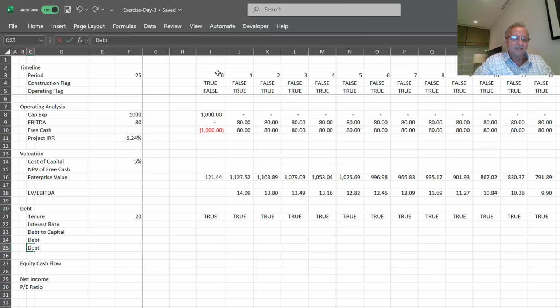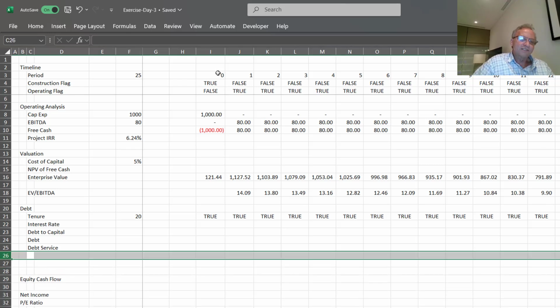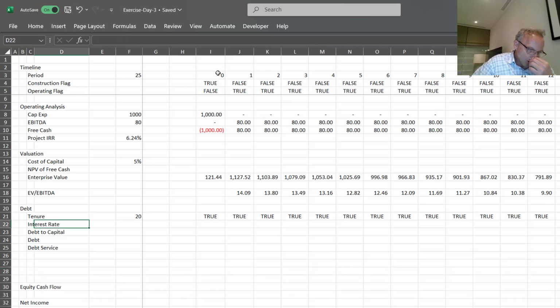And we'll just use the PMT function, and hopefully we'll then show you what happens to the PE ratio. Now, I've got to admit, I've never done this before. So we need an interest rate a little bit lower than this. Let's make the interest rate 4.5%.